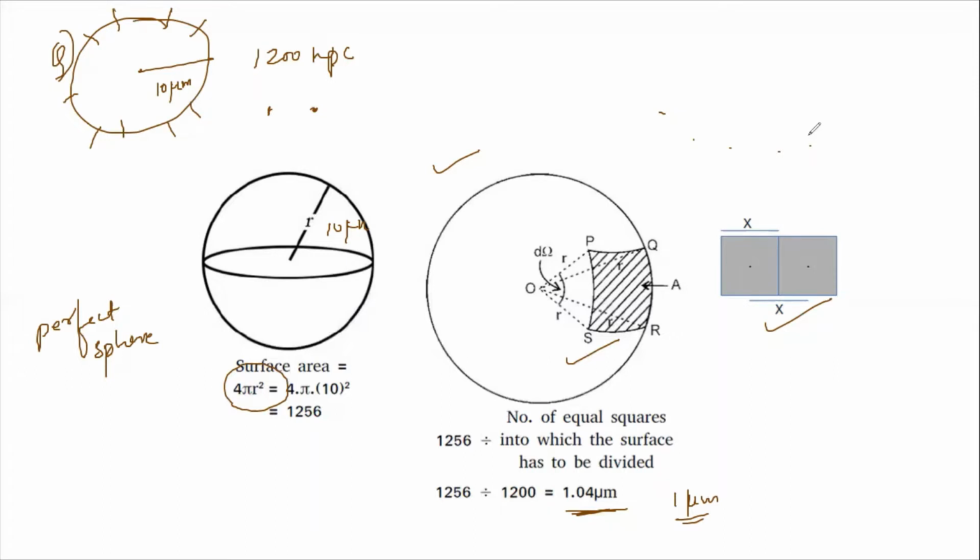By solving pi r square we find the radius. Then we take the root and double it because we need the distance between two circles. I was getting the answer of 1.15 micrometer.